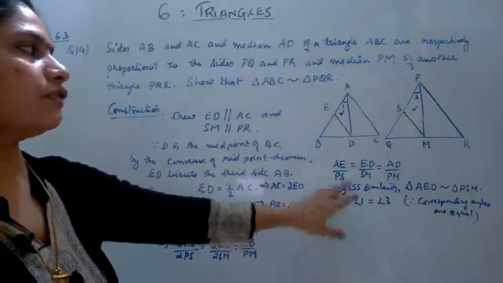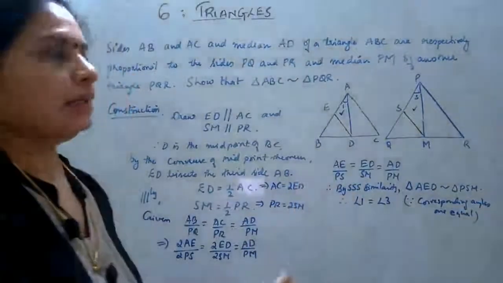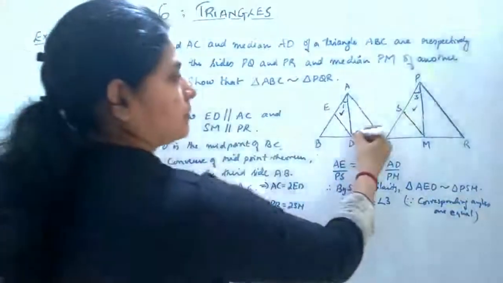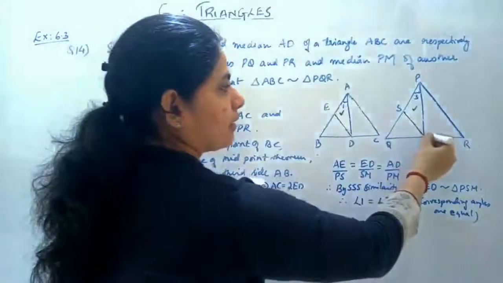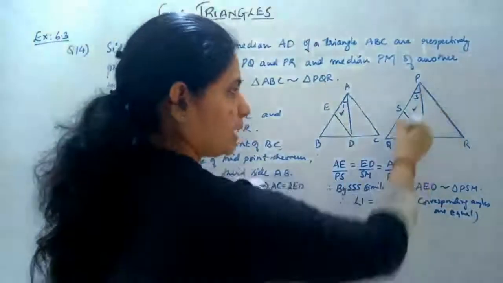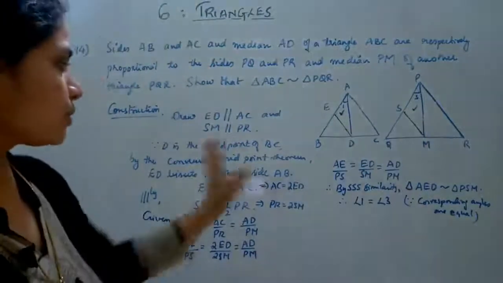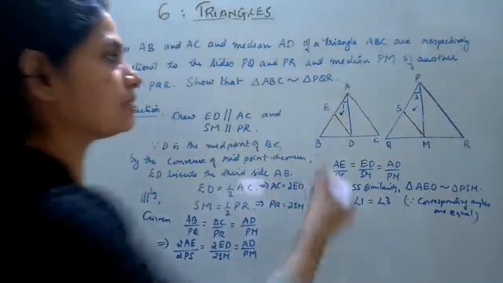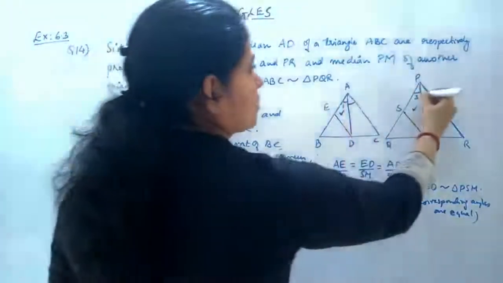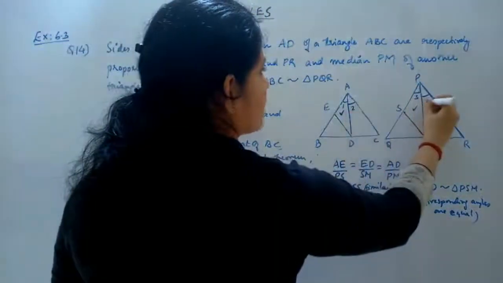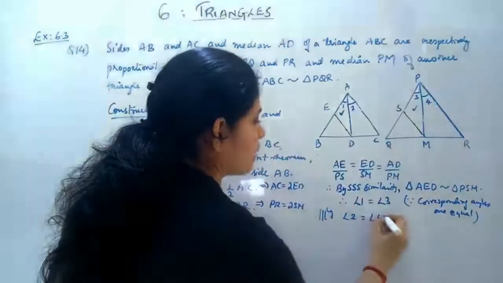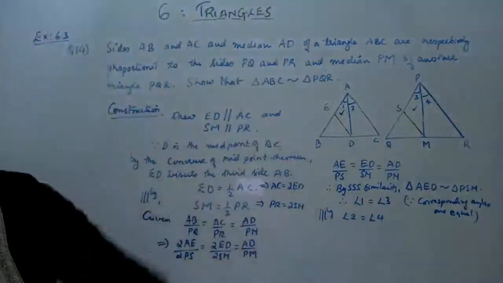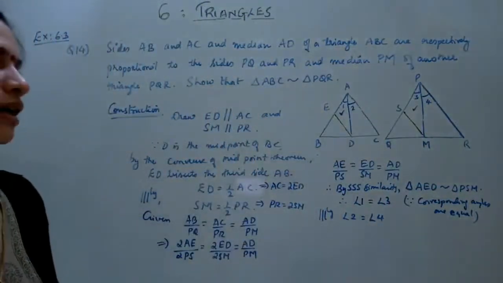Now similarly, if you consider the other way, a parallel line from this to AB and a parallel line from M to PQ, again you can prove the same concept and reach that this angle is equal to this one. Suppose this is 2 and this is 4, you will get angle 2 is equal to angle 4.